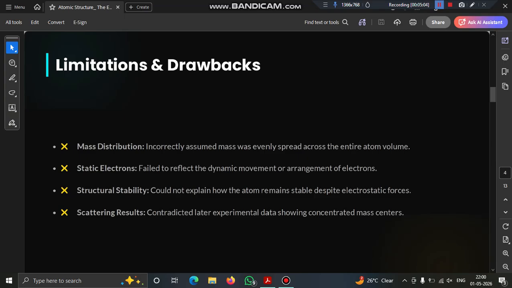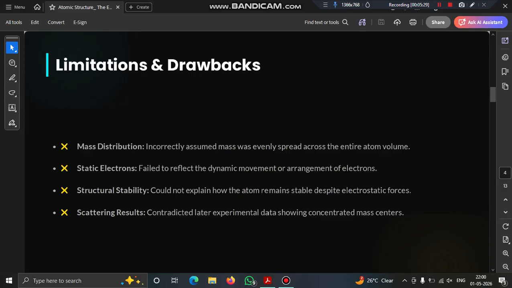We have seen the purpose of this atomic model of J.J. Thomson, and now there are many limitations or drawbacks in it. The first one is mass distribution: it incorrectly assumed the mass was evenly spread across the entire atom volume.